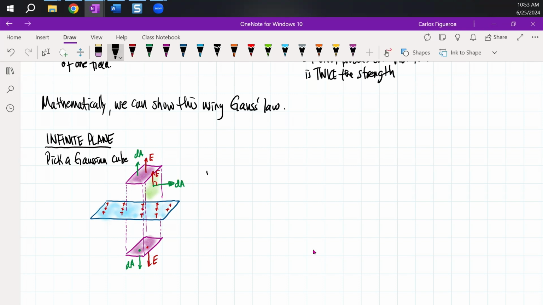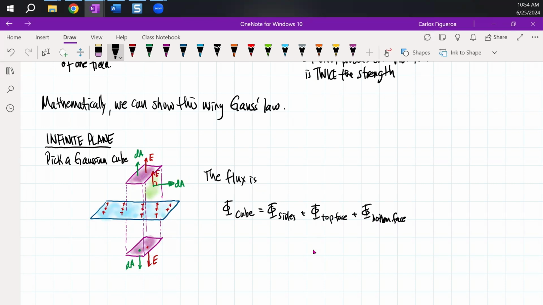So then the flux of the cube is equal to the flux of the sides plus the flux of the top face plus the flux of the bottom face.